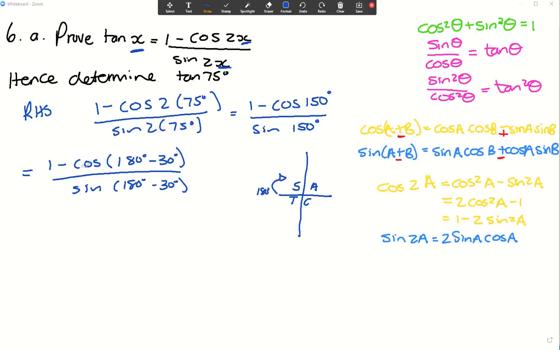Therefore, what happens to this cos? It becomes a minus, and two minuses next to each other becomes a positive cos, and I use the acute angle that I've just developed, 30 degrees, all over sine 180 minus 30. Again, it's in the sine quadrant, it stays positive, so it becomes sine 30 degrees.